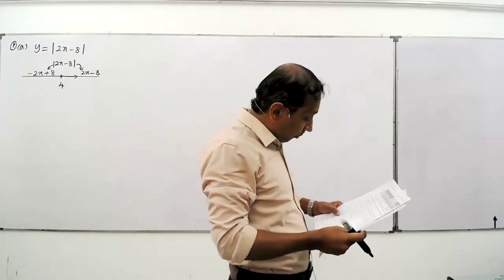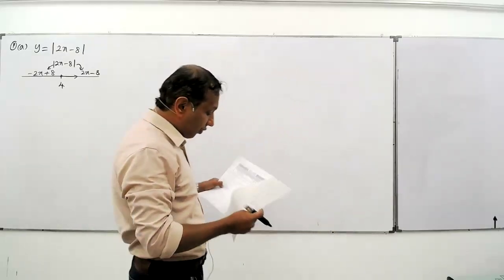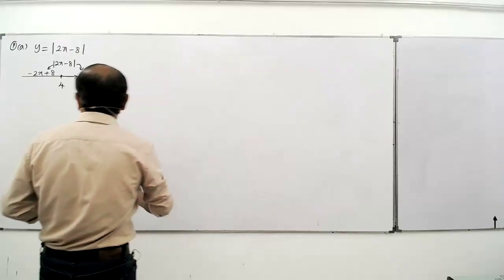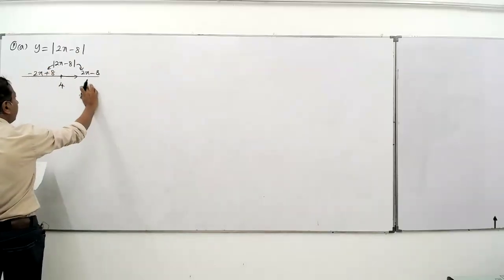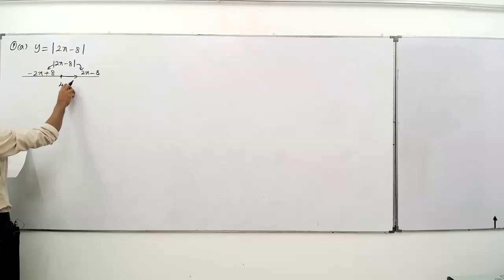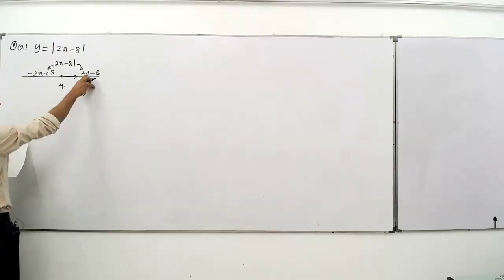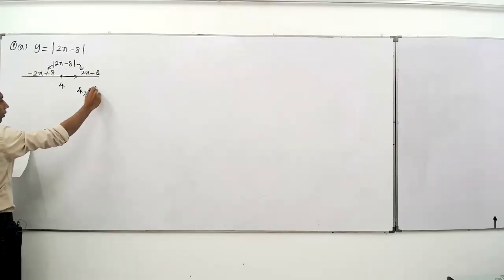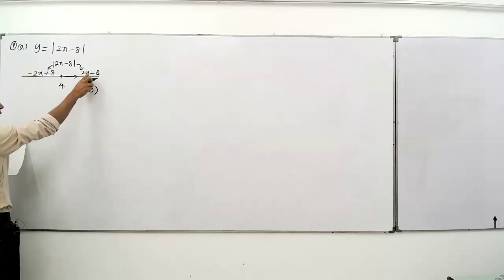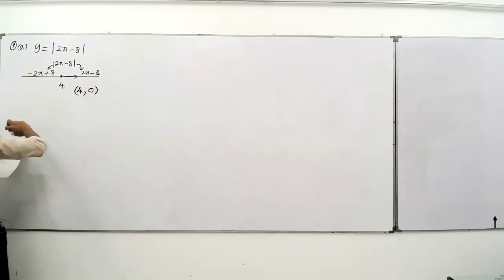Right. In the graph you can sketch it here. On the right of 4, you have to put x equals 4. When you put x equals 4, 2 times 4 is 8, minus 8 is 0, so y is 0. One point to draw this line is (4, 0).